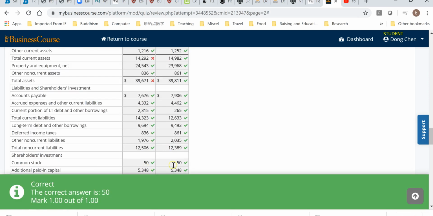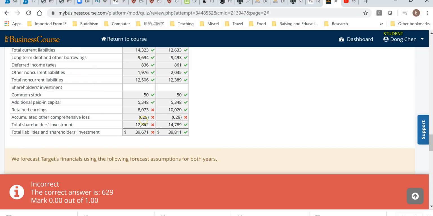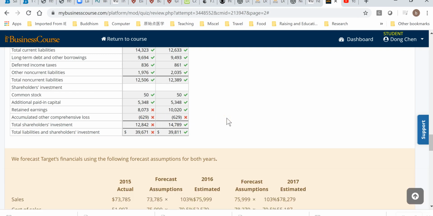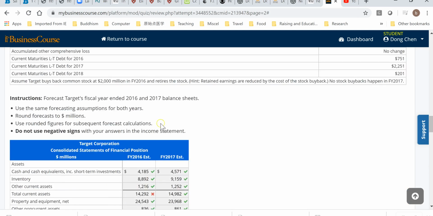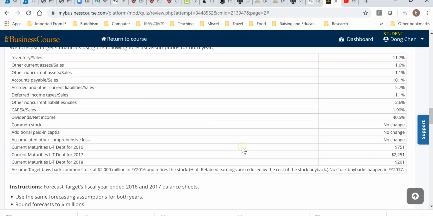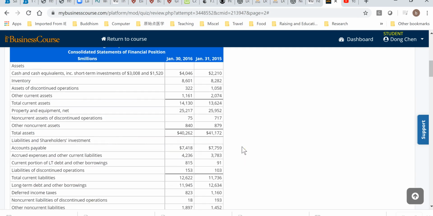It turns out this should be a negative number, but you can see that the correct answer is just a positive number. But that's not what the instructions have given us. So with that, I'm gonna stop here.